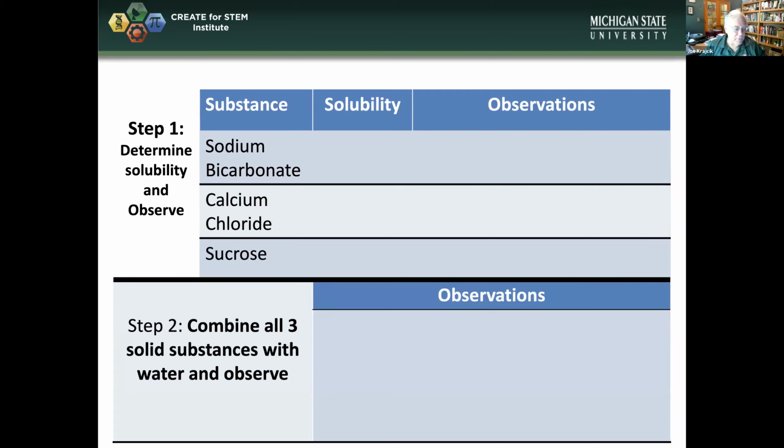First thing I want us to do, I'm just going to report the solubility of each one of these because of the situation. Normally we would do this ourselves. Road salt, calcium chloride, is a very soluble substance, so it dissolves fairly readily in water. So we should just mark that down. Sugar, or sucrose, plain everyday sugar, is also very, very soluble in water.